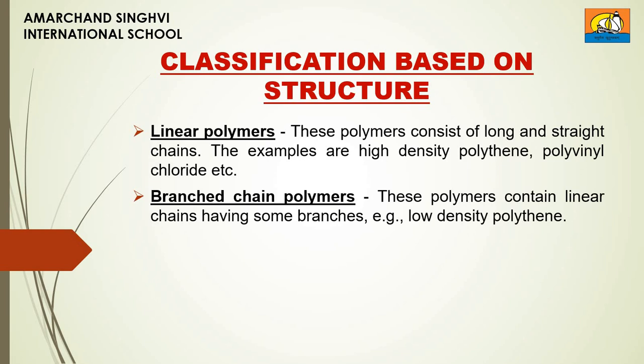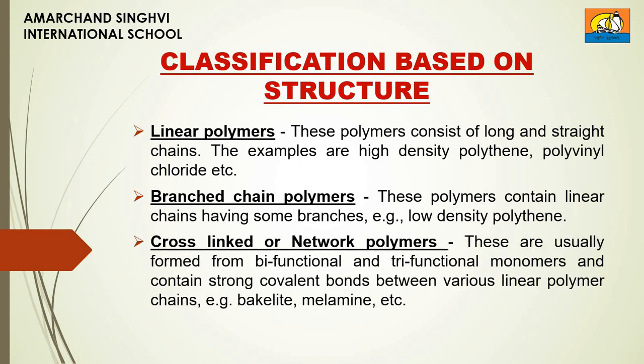Branched chain polymers are the polymers which contain linear chains having some branches. Due to their irregular packed structure, they have low tensile strength, low densities and low melting points. Examples are low density polythene and glycogen.